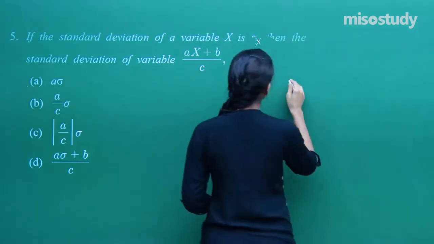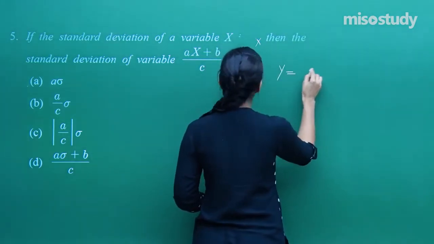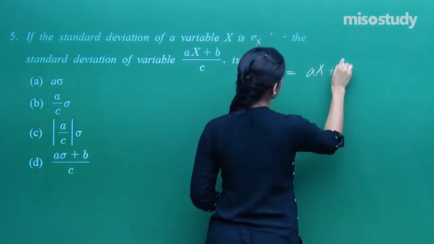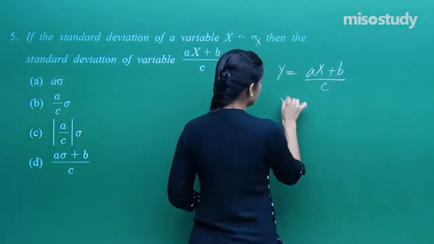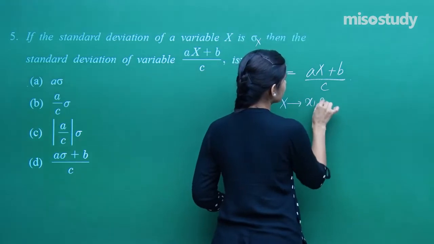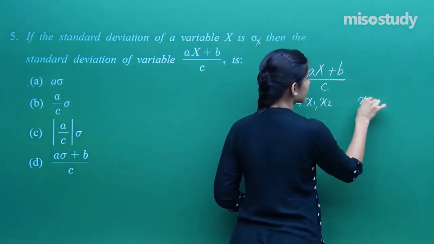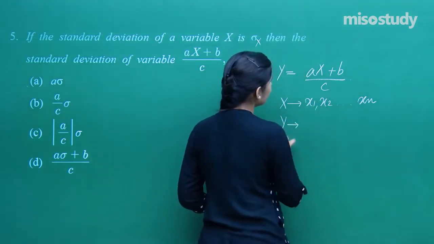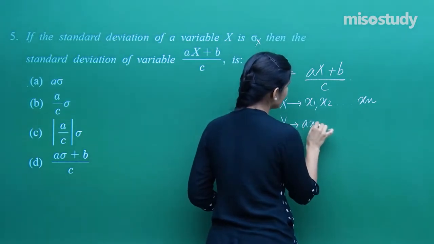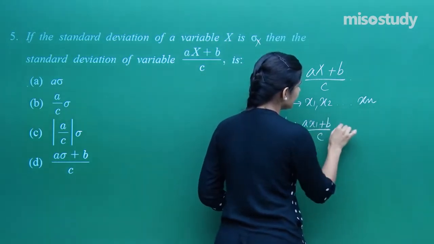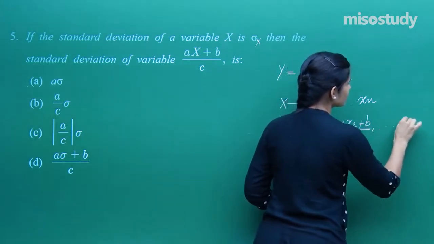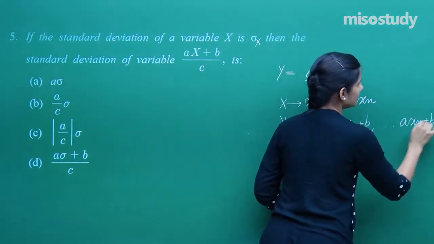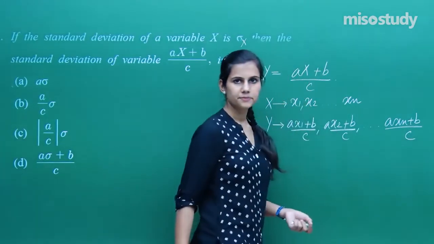So let me say, let y be equal to a x plus b by c. What is the meaning of this? If capital X is taking values x1, x2, x3 up till xn, then capital Y will take values a x1 plus b by c, a x2 plus b by c, and so on, a xn plus b by c.